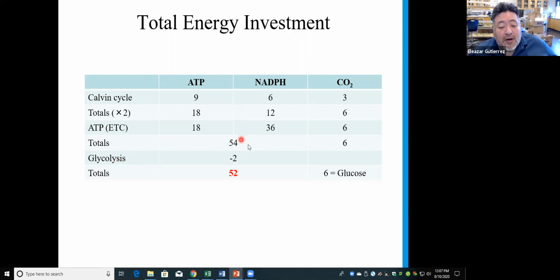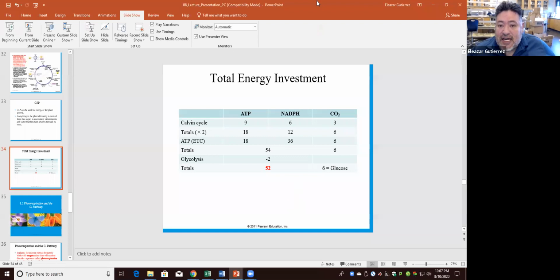So 54 minus 2 is 52. There. So what? Well, the so what is that it took 52 molecules of ATP to produce a single glucose. If we were to have one glucose, how many ATPs would we make? Well, that's the question we answered last week. Let's see if you guys remember this.